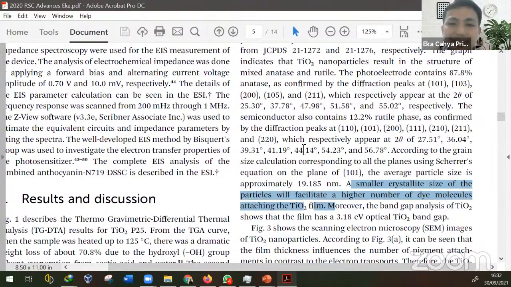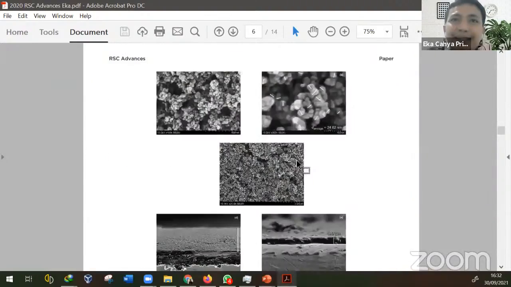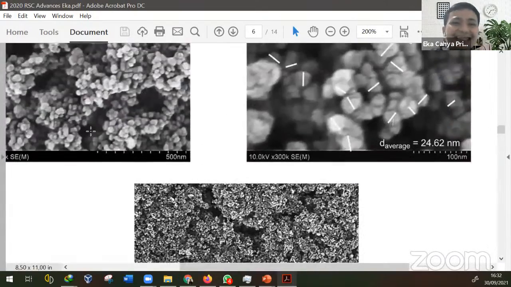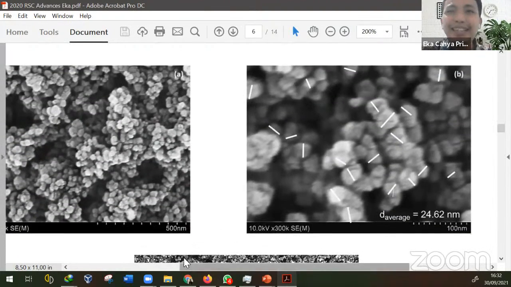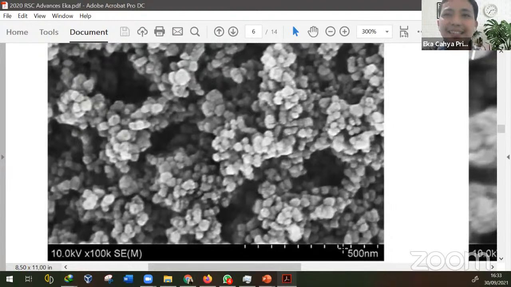This is the evidence. This is a crystal of the material. When we see it using an electron microscope, this is a size within 500 nanometers.